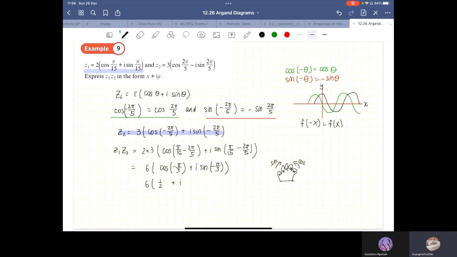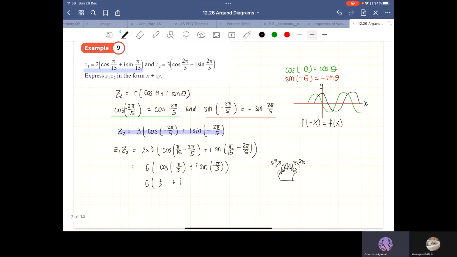So bend down the fourth finger. It's root 3 over 2. Oh, okay. I don't think you will need to do this without a calculator. Hopefully they wouldn't ask you to do this.